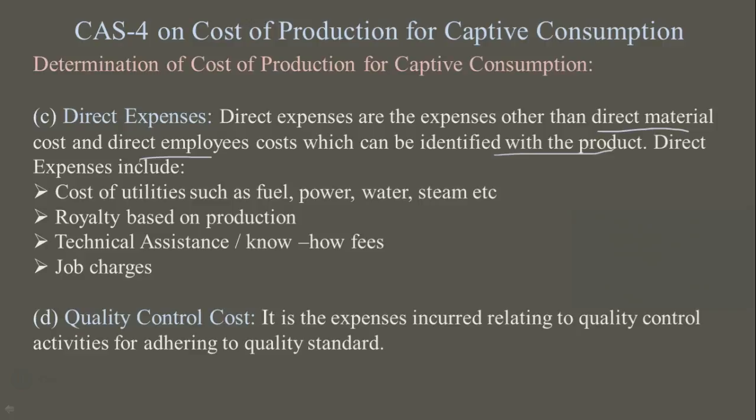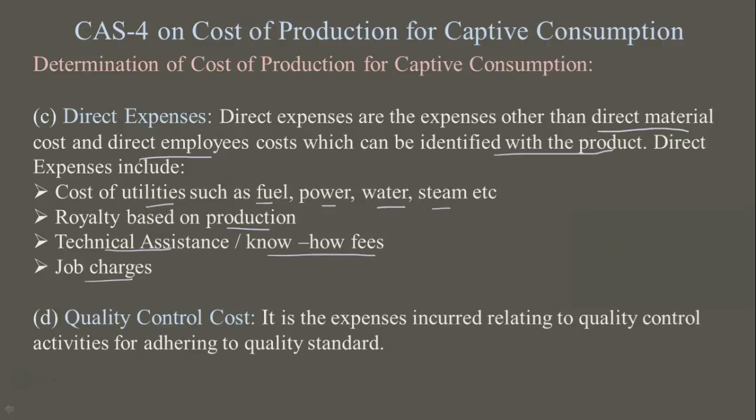Out of this direct cost, direct expenses include cost of utilities like fuel, power, water, steam. All these are included under direct expenses. Then any royalty based on production. Afterwards, any technical assistance, any know-how fees, any job charges are all direct expenses.